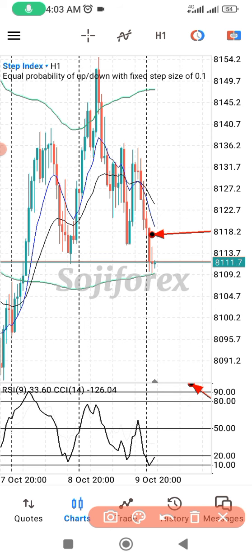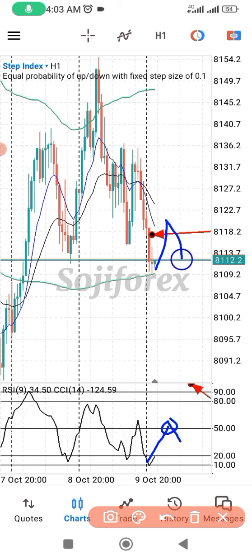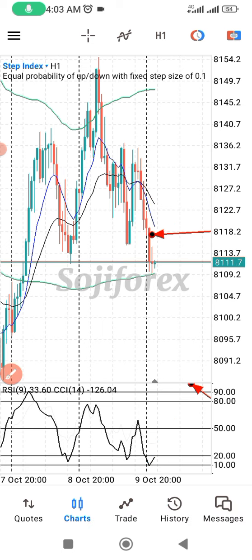Or better still, if it can pull back to around this 50 zone and then give us an engulfing candle, this engulfing candle will indicate that price pulled back into this moving average and gave a candlestick formation there, then we will find our trade. Please rewatch and listen again to what I just explained. It is very, very important.